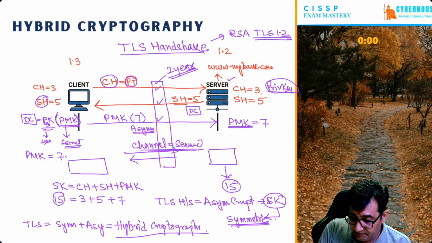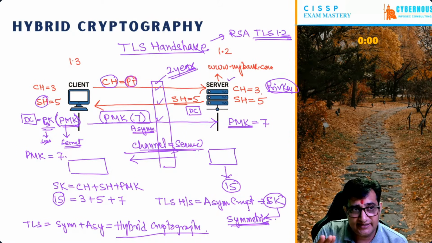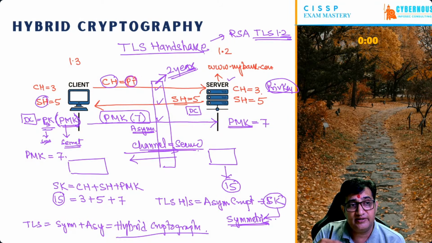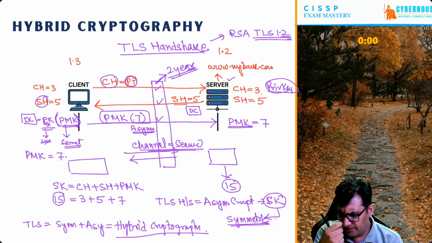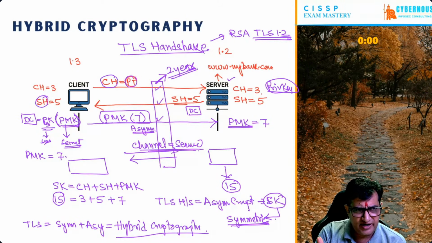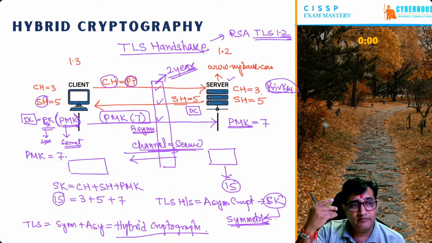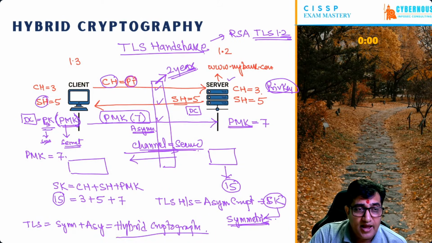Even if the PMK is getting deleted the moment it is exchanged, the attacker has already done the eavesdropping and he has all these three copies of these values, so he can generate it, and then if he's doing some sniffing using the pcap file and all, then that particular data will always be with the attacker. And exactly the same challenge is addressed in TLS version 1.3.